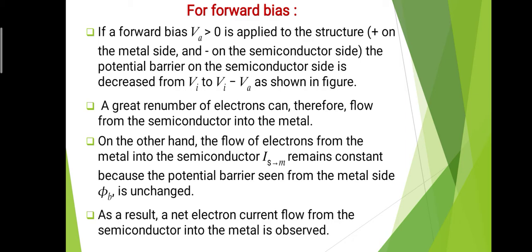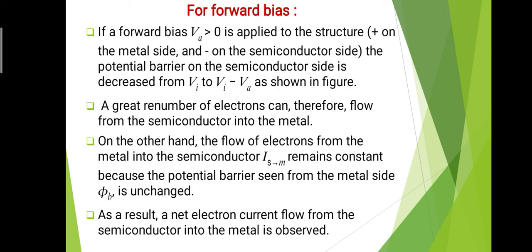A greater number of electrons can therefore flow from the semiconductor into metal. Due to application of the external bias, there is a decrease in barrier height, and due to the decrease in barrier height, the electrons can easily flow from the semiconductor into the metal.